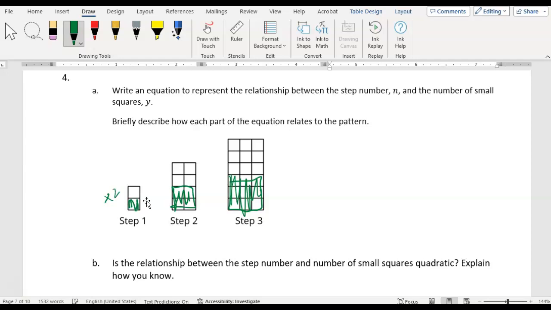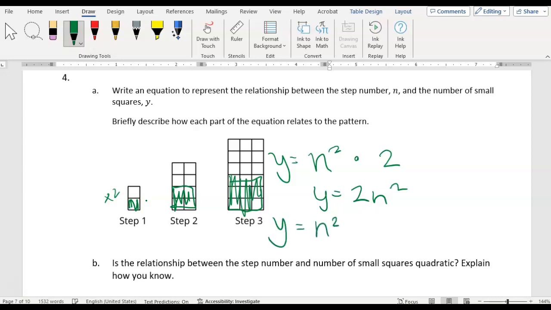All right, and so here the pattern would be y equals n squared times 2, or y equals 2n squared. Both of those would be fine because we're multiplying that by itself. You could also say y equals n squared plus n squared, because you're adding another n squared on top here.